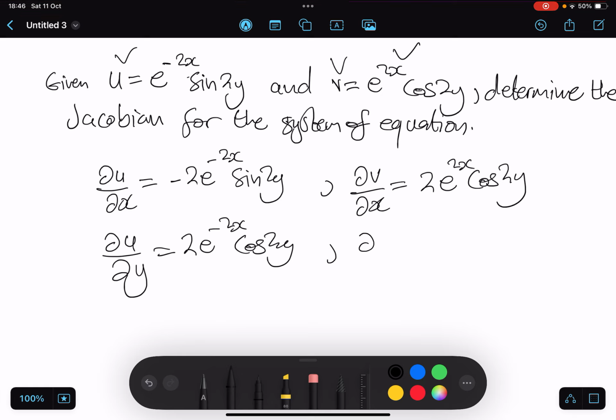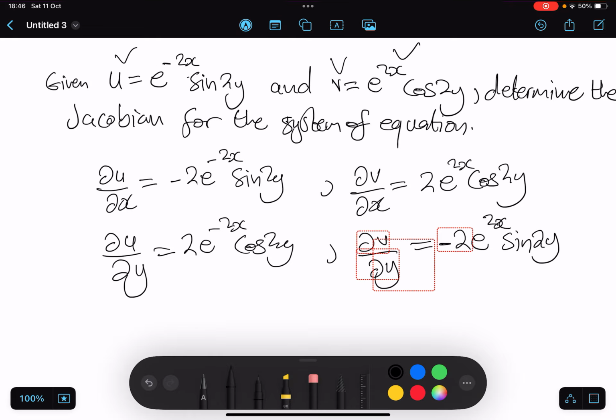And then differentiating v with respect to y, when you're differentiating cos, it's minus 2e^(2x) sin 2y. So now we have differentiated the functions that were given, u and v, with respect to x and also with respect to y. So this is where we are.